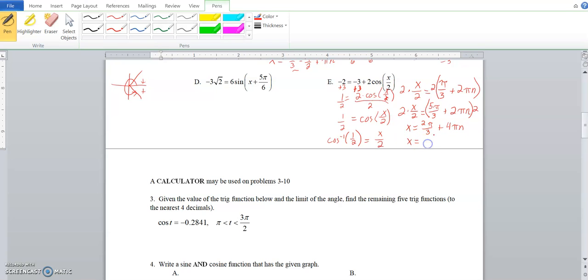Or x is equal to, well, 2 times, that's 10 pi over 3 plus 4 pi n. Let's see, yep, box that in, and there's our answer. So, done solving. I'll do the next section in a new video, but that is all of our solving.